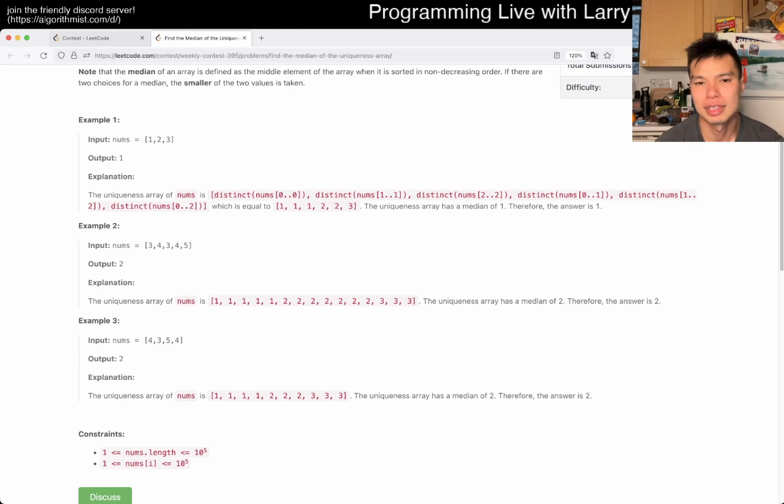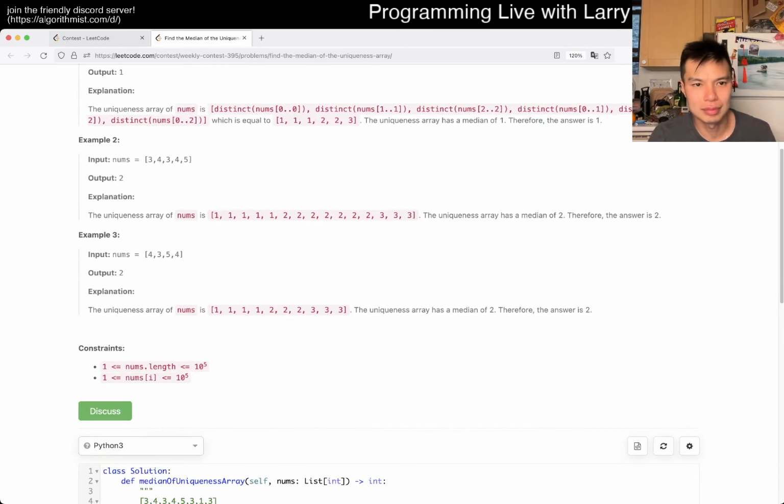The number of uniqueness is going to be... No, you can't even put in a heap or something, because the median is going to be like n choose 2 over 2.